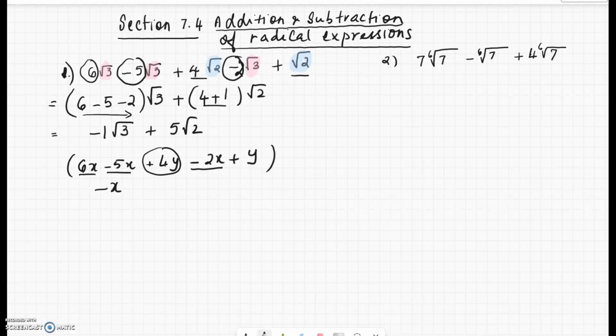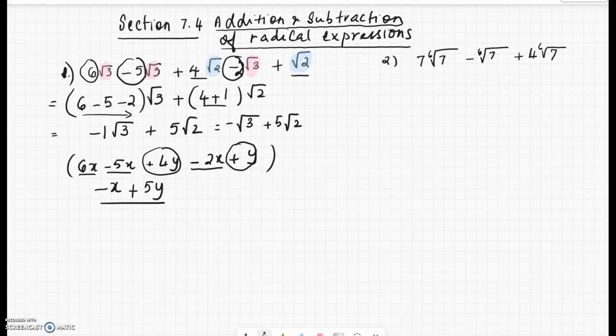And then we combine these two y's because they're like terms, and you get 4 plus 1, 5y. It's exactly like that. Instead of x, we have radical 3. Instead of y, we have radical 2. So basically, it's like combining like terms. So we can write this as negative radical 3 plus 5 radical 2.